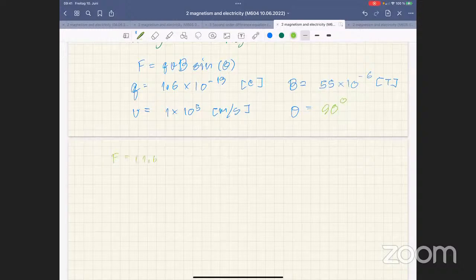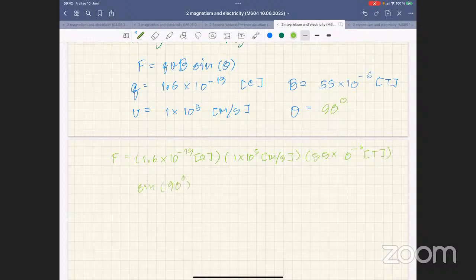Q is 1.6 times 10 to negative 19 Coulomb, V is velocity 1 times 10 to 5 meters per second, and B is 55 times 10 to negative 6 Tesla, and sine of 90 degrees.